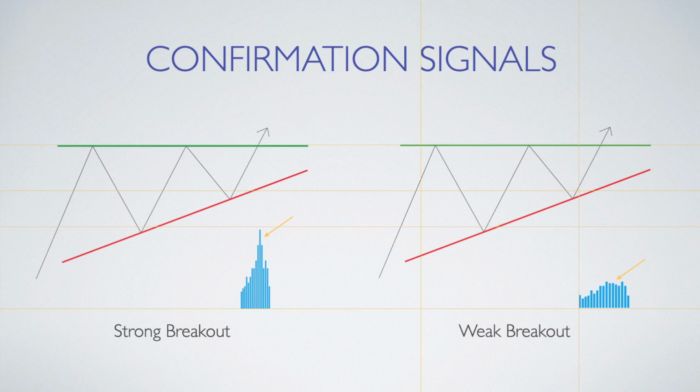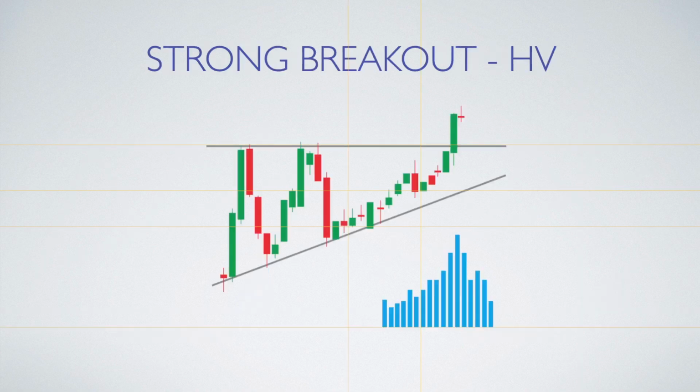Okay? So when we have a weak breakout, now let's look at what that might look like. Strong breakout versus a weak breakout, right? Now we're looking at that same or similar pattern with candles. If you look at the green candle that is breaking out, we have high volume in our volume bar down below. The candle has pushed up and through and closed near the highs.